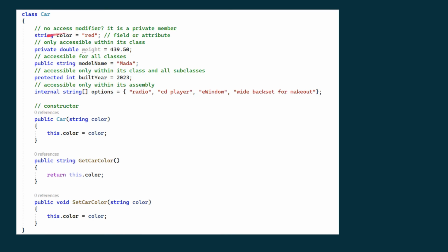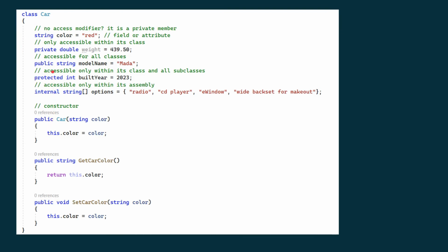No access modifier, it is a private member. So actually, what is a private member? A private member is only accessible within its class. If you inherit from this class, it is also not accessible. I teach you about inheritance later in this chapter. So private is only accessible within the class itself.